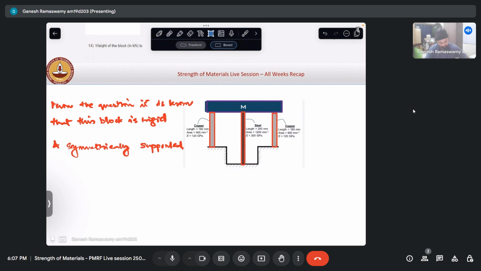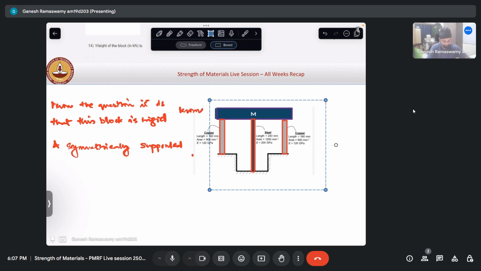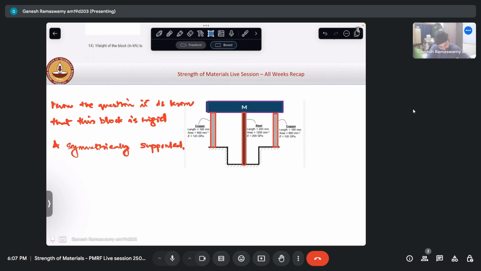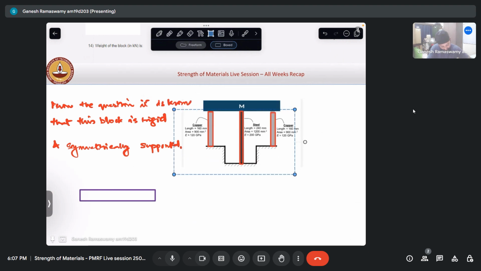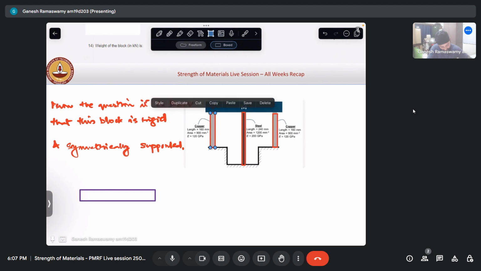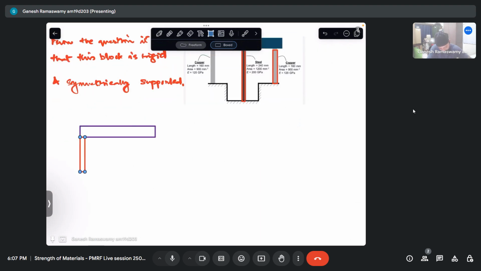All right, so far so good. So let me take this out. If I were to take this block out, oh, it is coming as one, just a moment. And let us say it is supported like that.